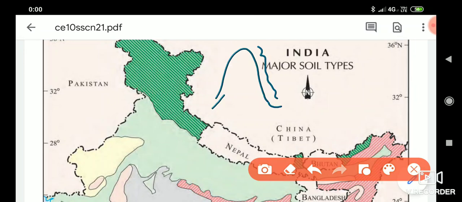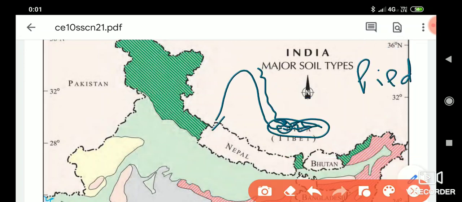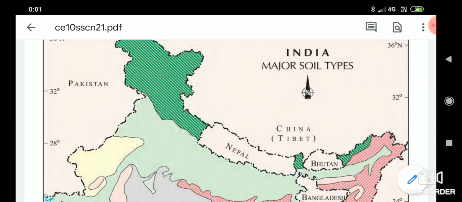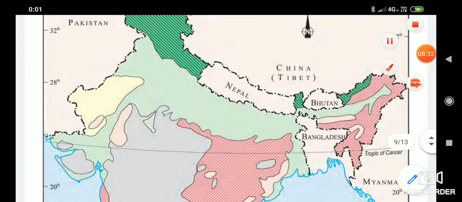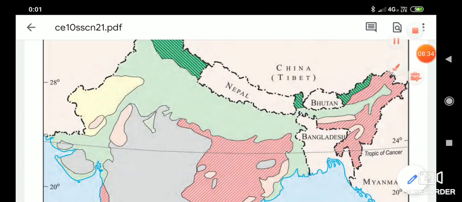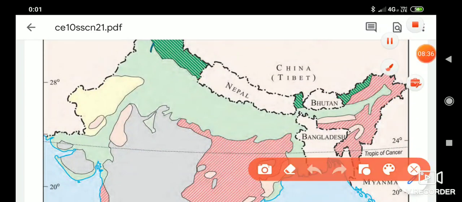So here all the fertile material or all the clay material brought by the rivers, these plains are known as Piedmont plain. Okay, so I hope you are clear about the Piedmont plain. All this area is known as Piedmont plain, this whole area.